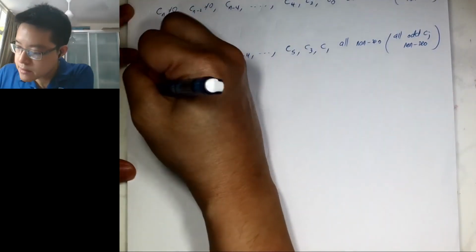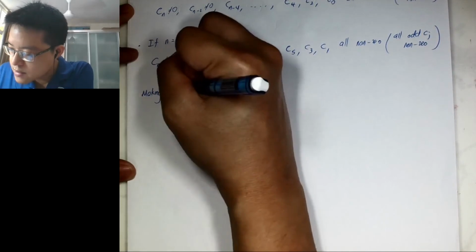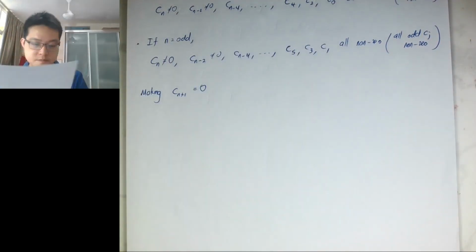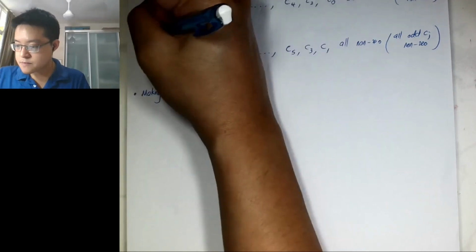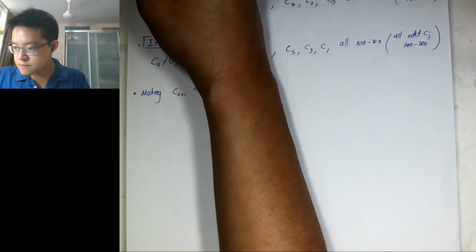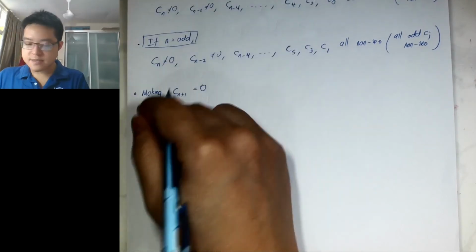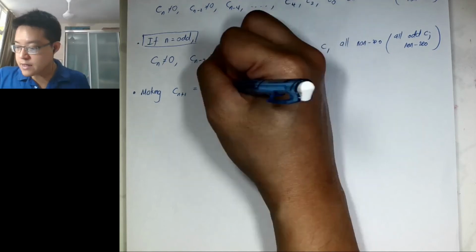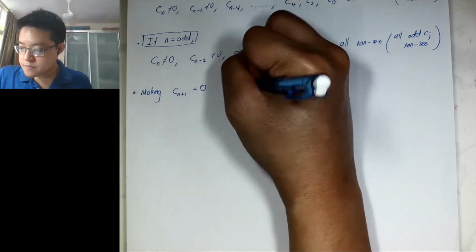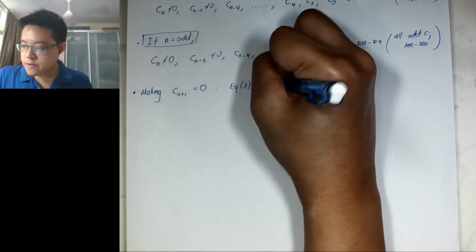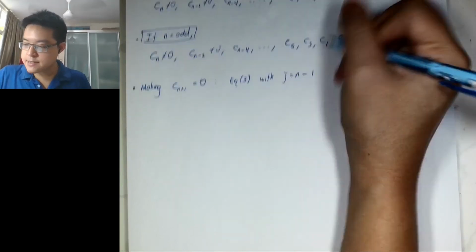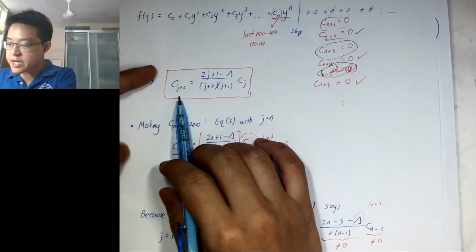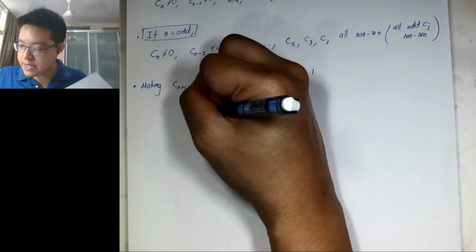Okay, so this is the next part. We are making Cn plus 1 equal to 0. So if I want to make this 0, then I use equation 3 with j equals n minus 1. So if I plug this in, right, what was my equation 3? j equals n minus 1, so this will become Cn plus 1.